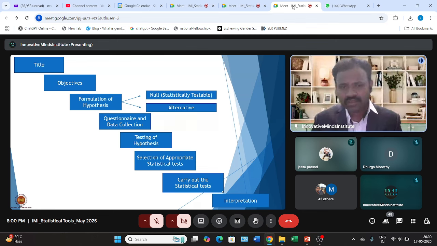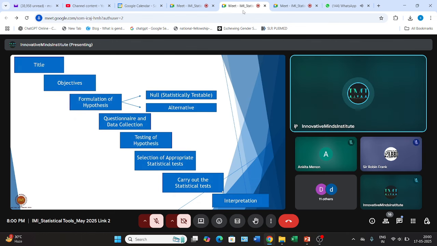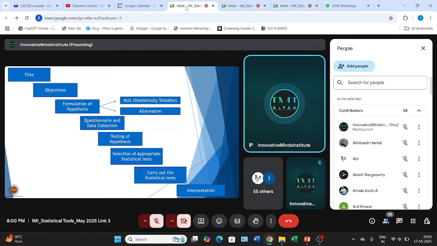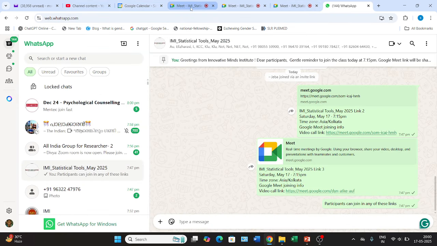There are many types of hypotheses, and when we are talking about the testing of hypothesis, two important types are there. One is the null hypothesis, which can be tested statistically. So whenever you are using a statistical test, you should compare only with the null hypothesis. Don't compare with the alternative hypothesis.